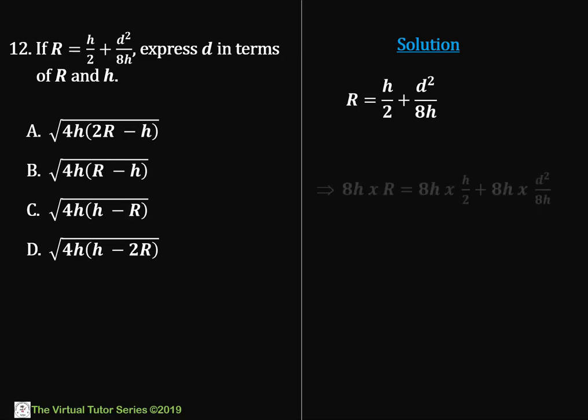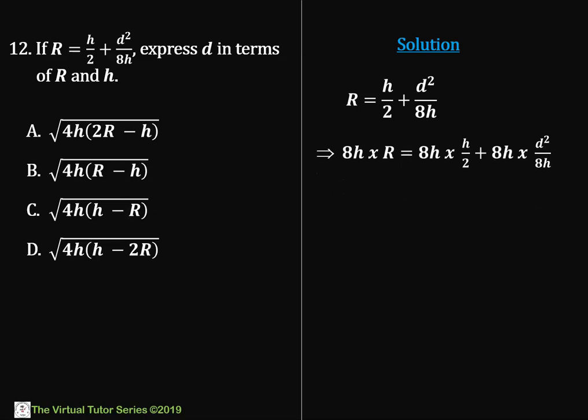So we have 8h times R is equal to 8h times h over 2 plus 8h times d squared over 8h. 8h times R is 8hR. 8h times h over 2 is 4h squared. And 8h times d squared over 8h is d squared.